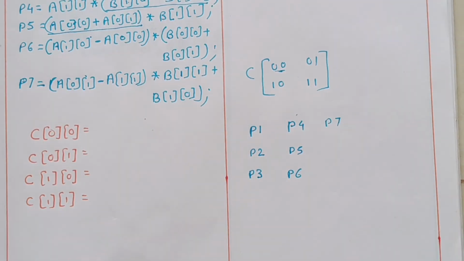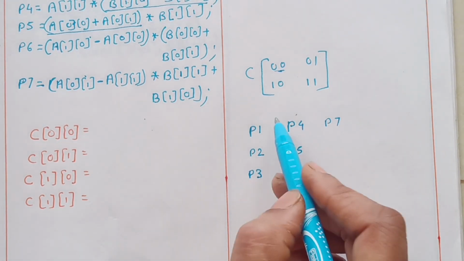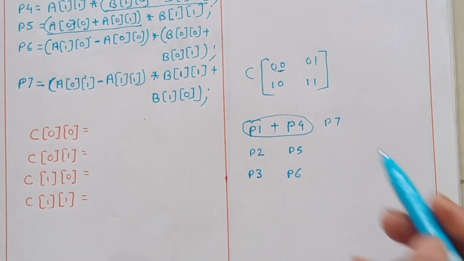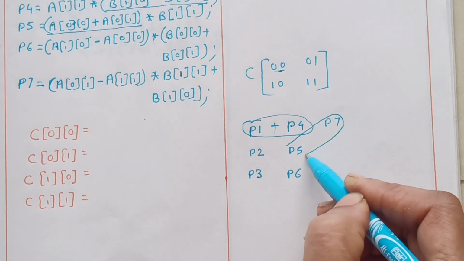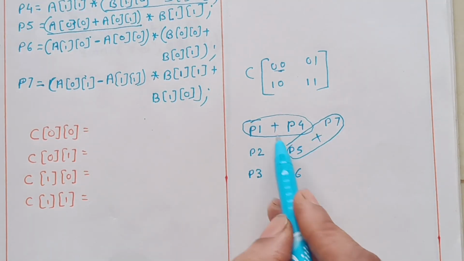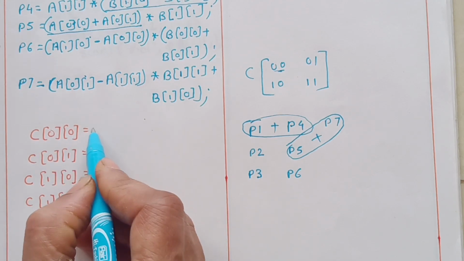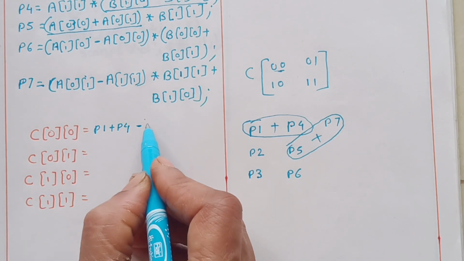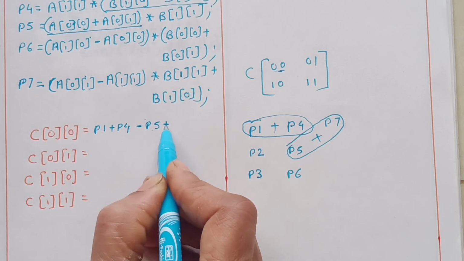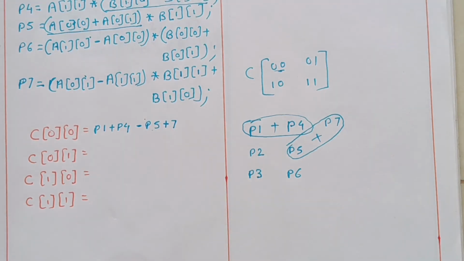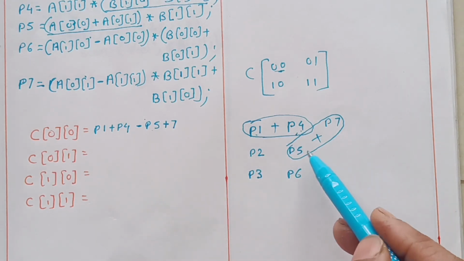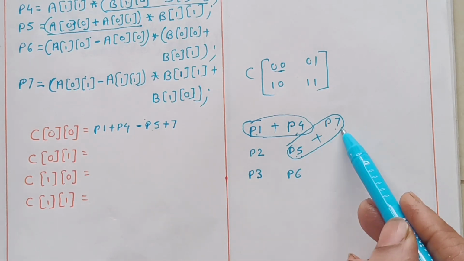Yes, this way you have to write down. And next, how you have to do? So first two, this you have to plus, and next this one you have to plus. Is it getting? So C00 equals P1 plus P4 minus P5 plus P7. So first two you have to add formulas, and then fifth and seventh.